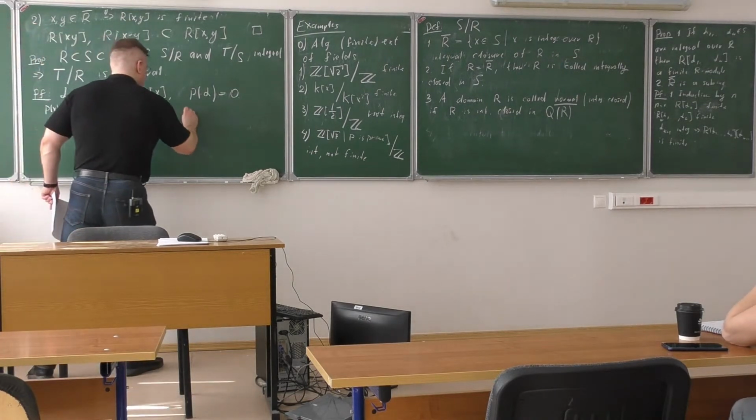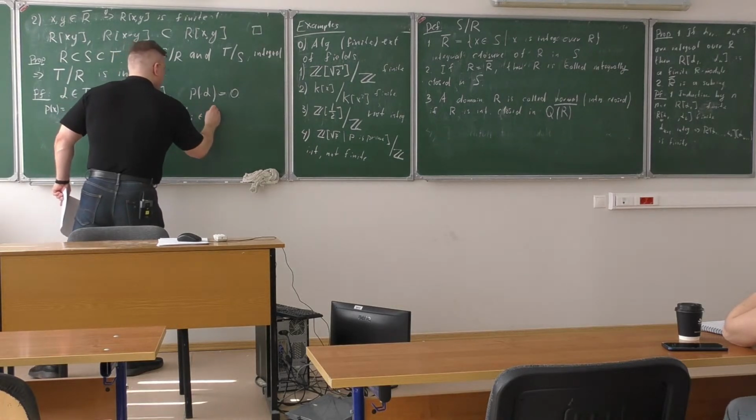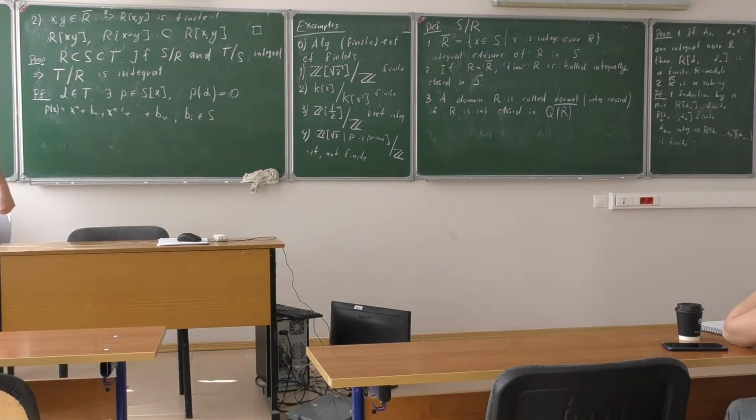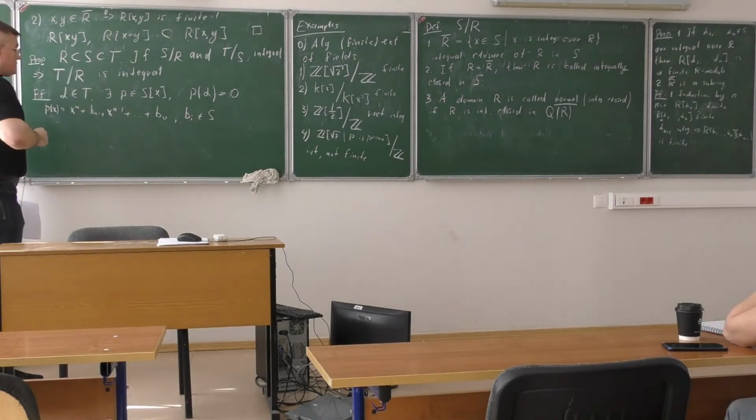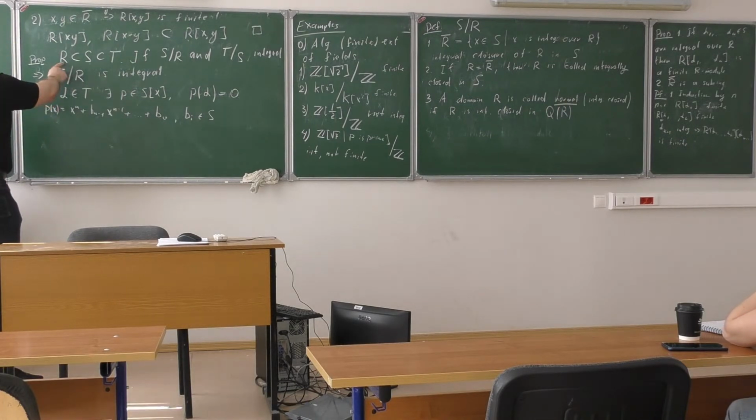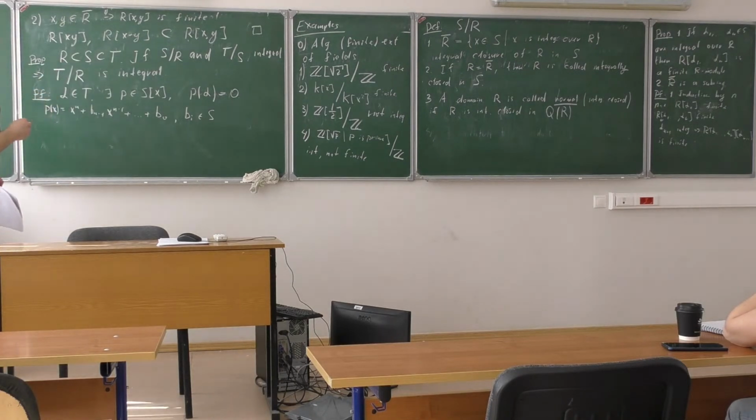All these bi's are in S. Now I know that S is integral over R, so all these bi's are integral over R.